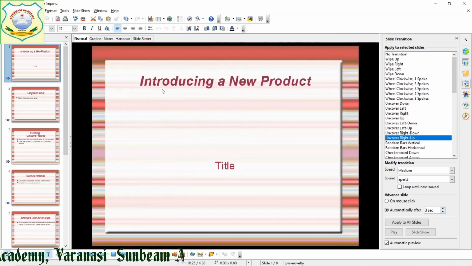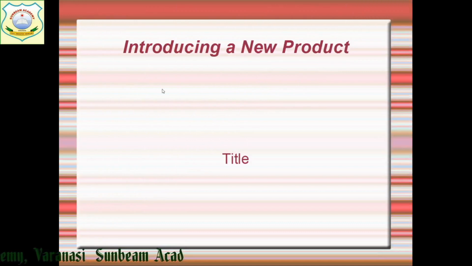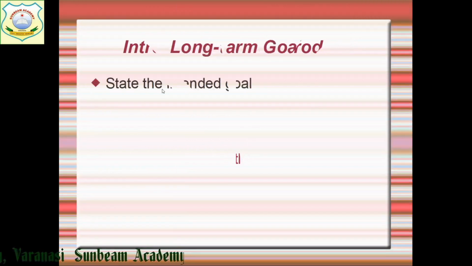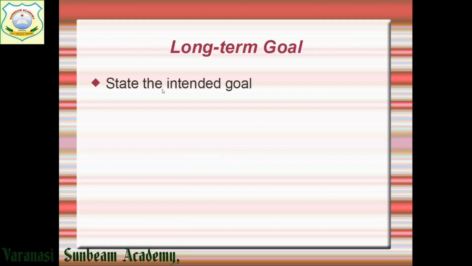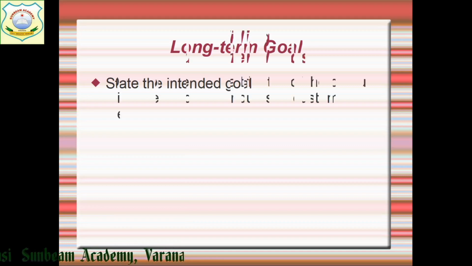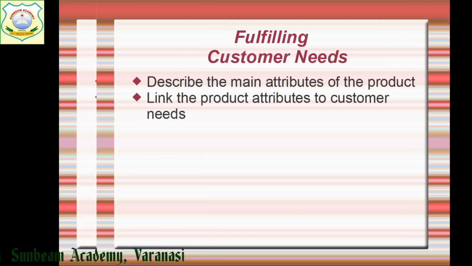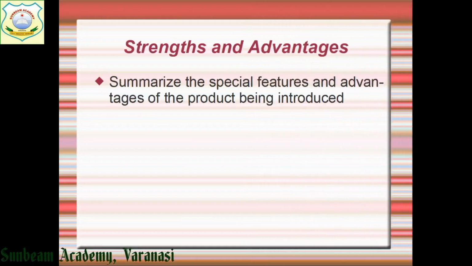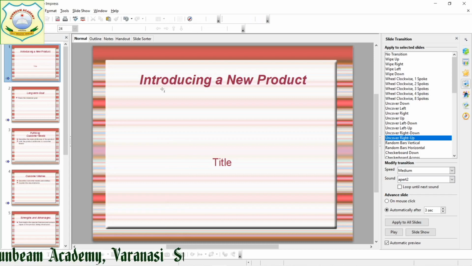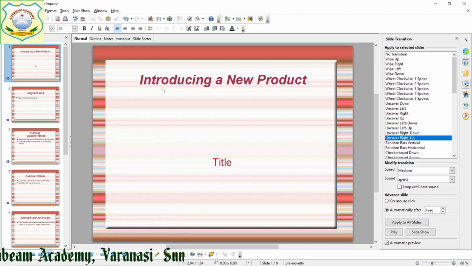Now if I run this one, wait for 3 seconds, and automatically the second slide will come. You have given timing over there, and after that time the next slide will automatically come. Since I have given it for the second slide only, you have to give timing for each and every slide.